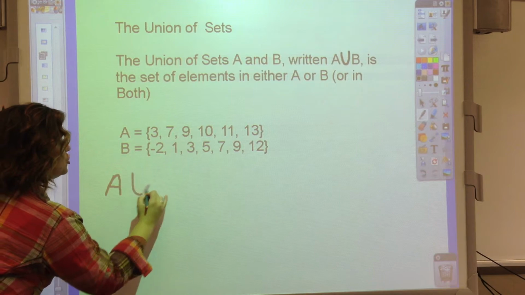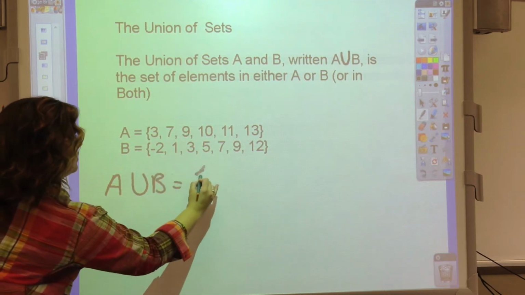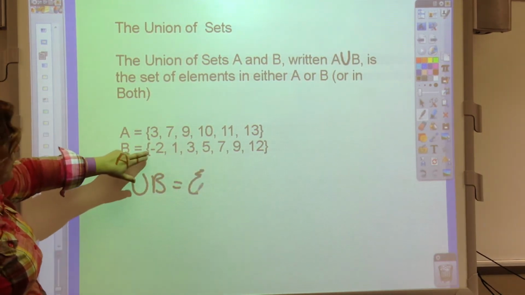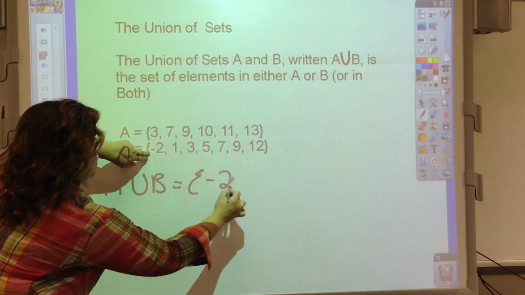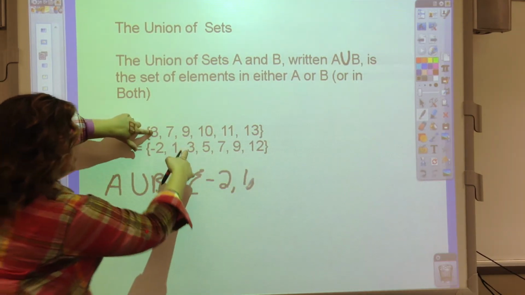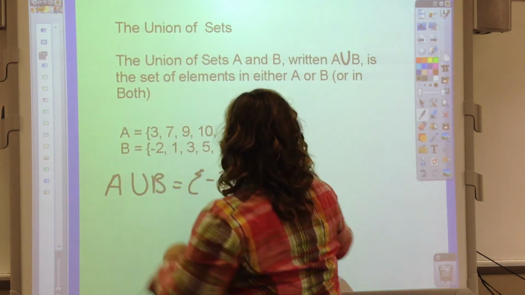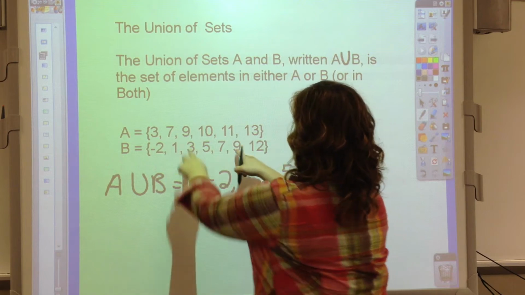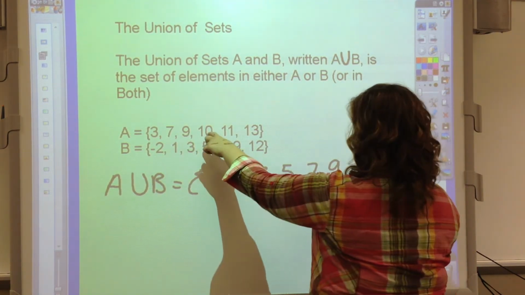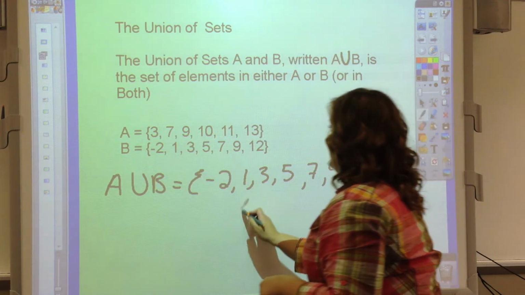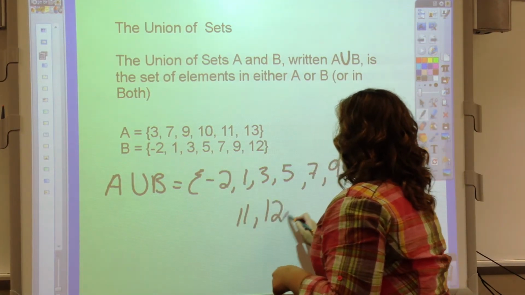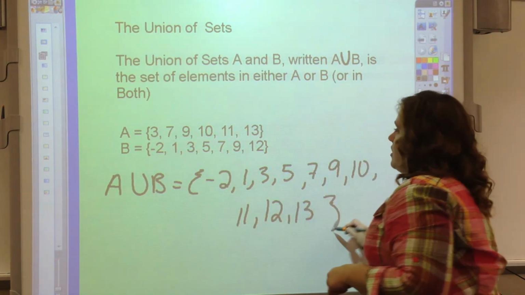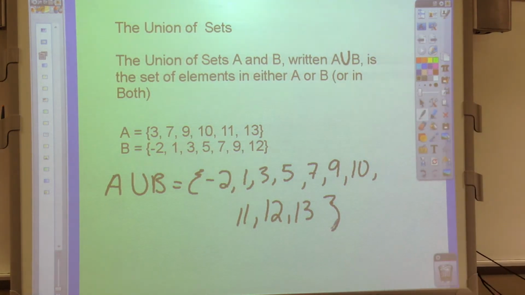So if I look at A union B, let's start with our smallest value. -2 should be in there. 1 should be in there. 3 is definitely in there. 5, 7, 9, 10, 11, 12, and 13. All right, that is the set of everything in either A or B. You basically want everything without any repetition.